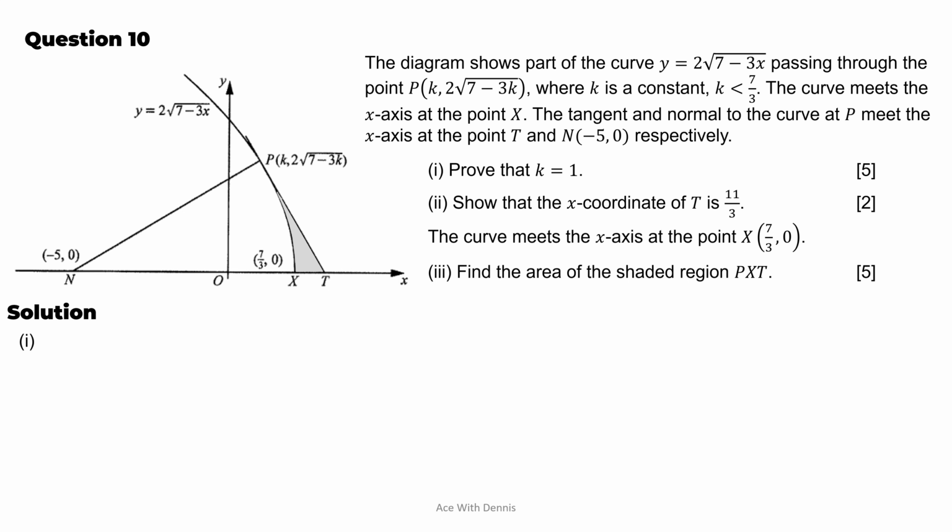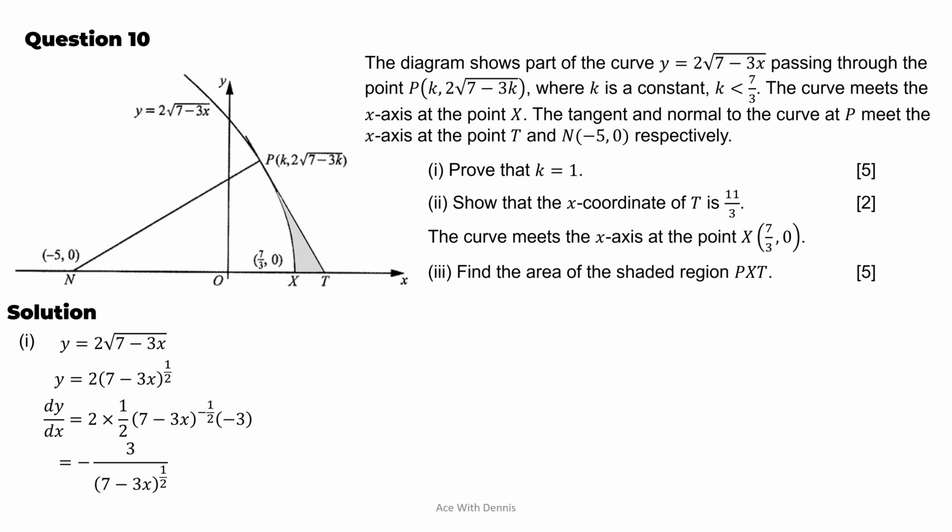Here is the solution. For part 1, given the equation y is 2 times square root of 7 minus 3x, we can rewrite this equation as y equals 2 times 7 minus 3x to the power of half. Now we differentiate this equation, which is dy dx equals 2 times half times 7 minus 3x to the power of negative 1 over 2 times negative 3.